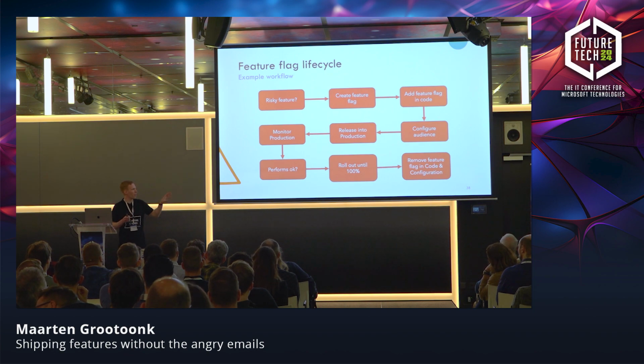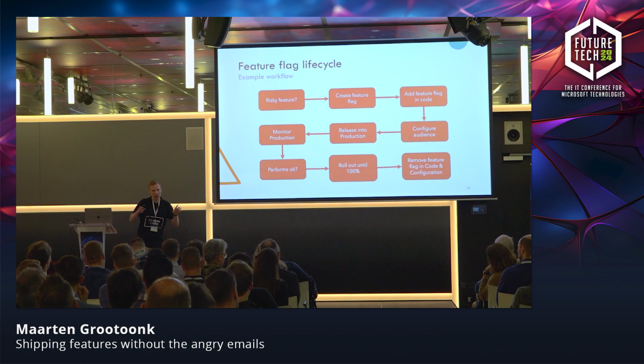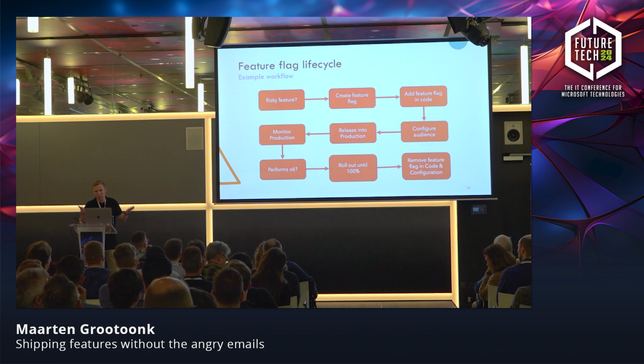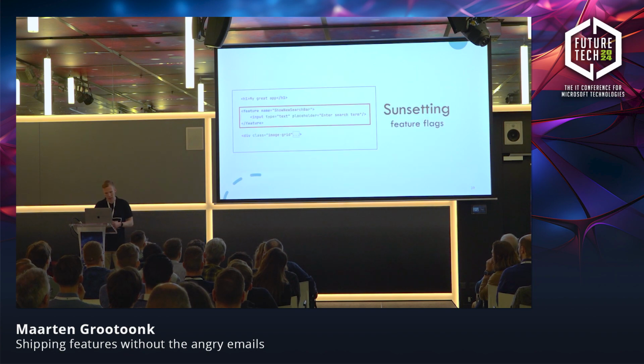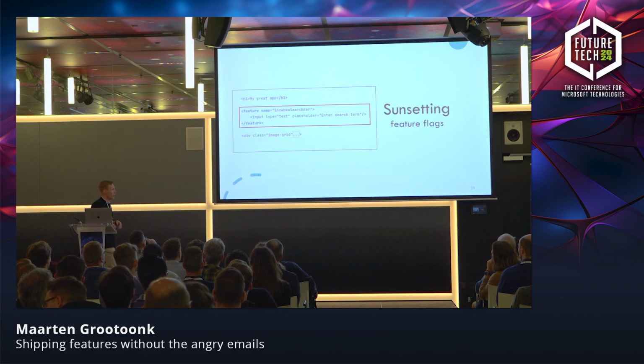So you have to manually go to Azure, check if the rollout rate is 100%, and if it has been rolled out to 100% for maybe a week, maybe 2 weeks, you decide this feature works fine, let's just ship it. So how does sunsetting look like?